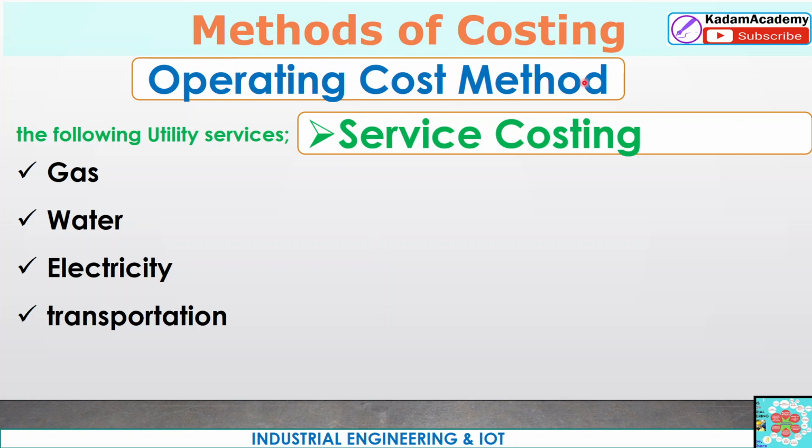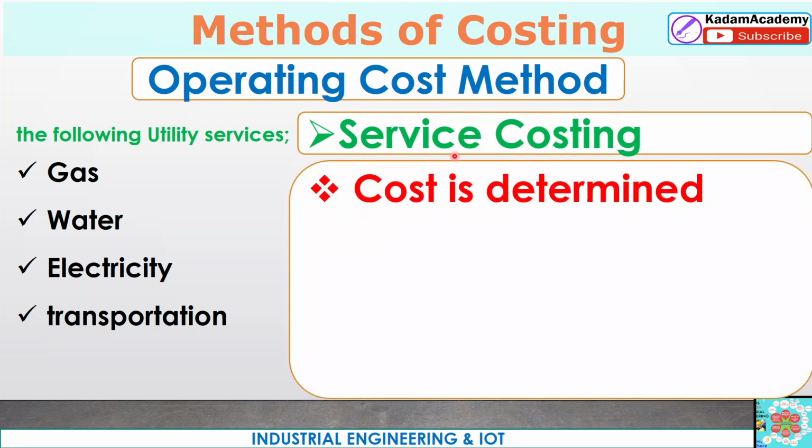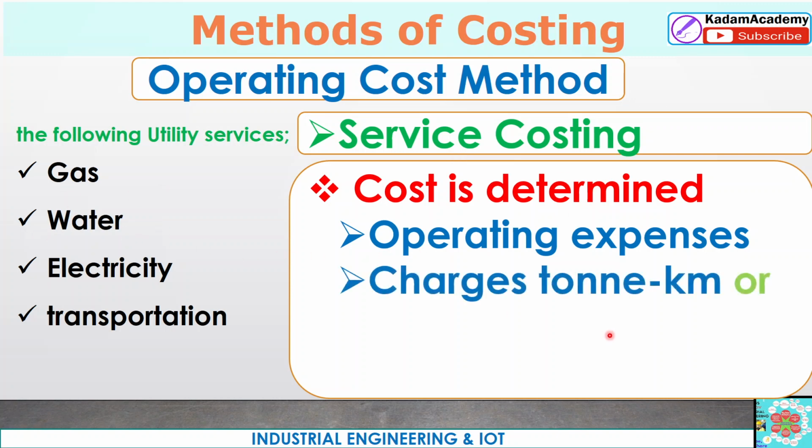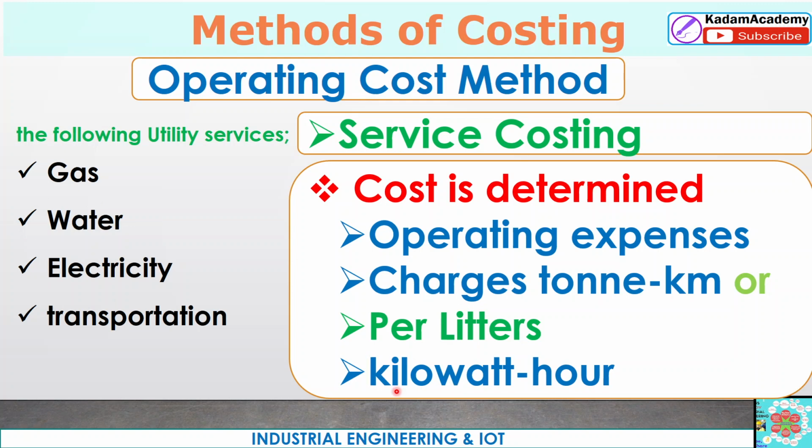Friends, this operating cost method is also called service costing, and the cost is determined under this method on the basis of the operating expenses and charges of each department. That means the related charges are given, suppose gas charges in ton-kilometer, or charges per liter for water or transportation, or for electricity the kilowatt hours.